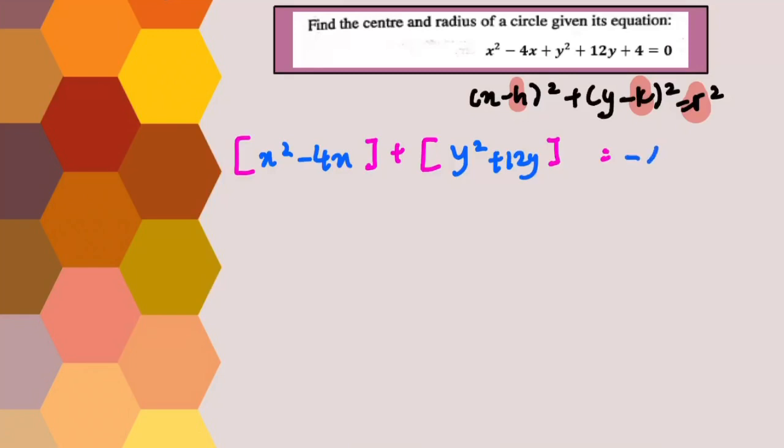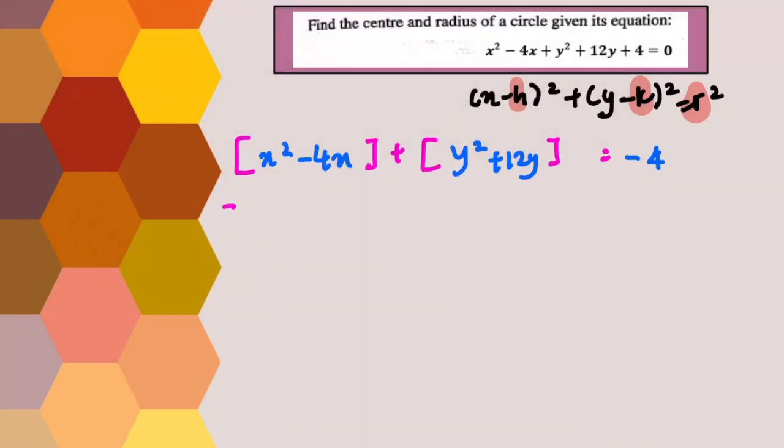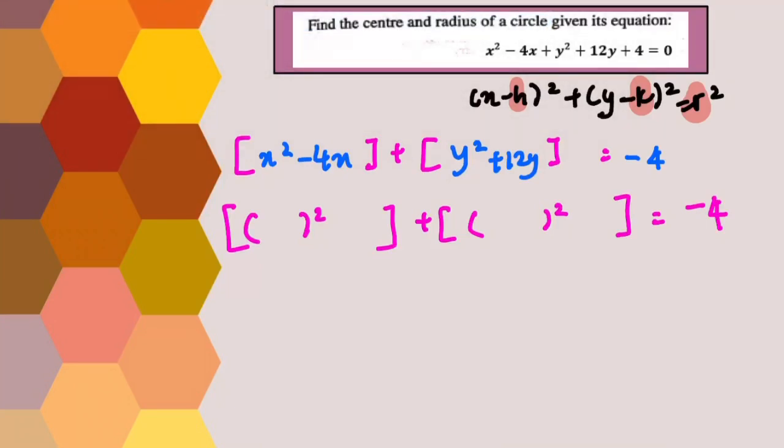Let's bring it to the other side, so it is minus 4. Next, let's complete the square for x, and let's complete the square for y. We will not touch minus 4 because it is a constant. We won't do anything with it yet.